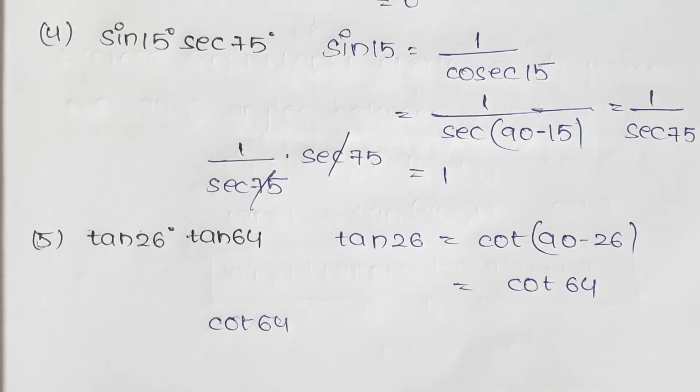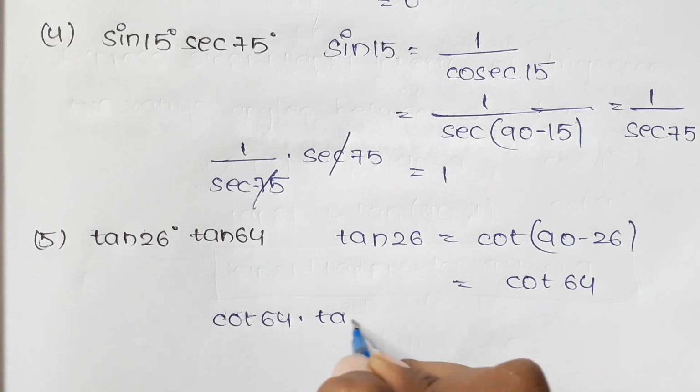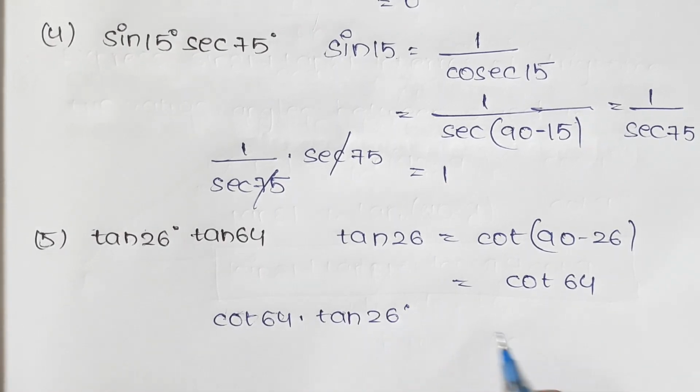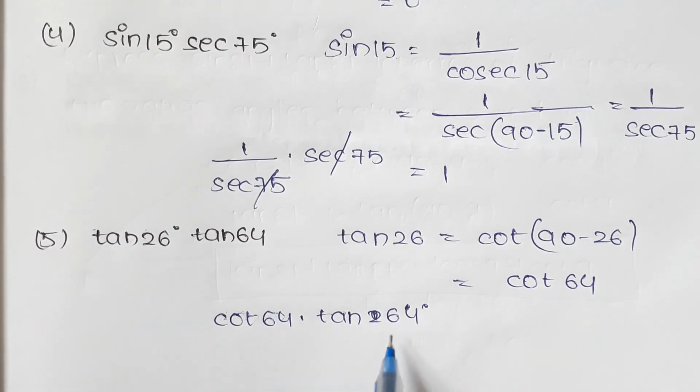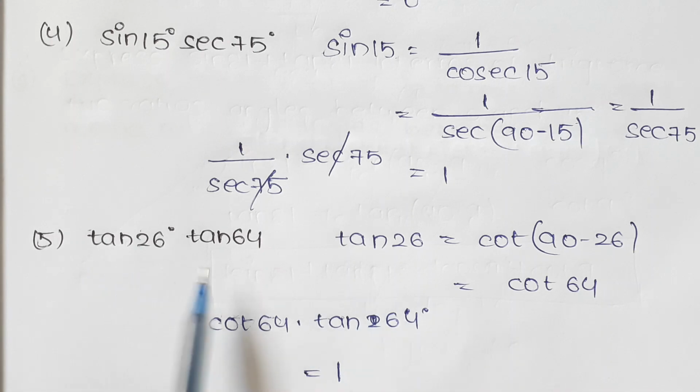That is cot 64 into tan 64. Cot 64 into tan 64 is nothing but 1, because cot is the multiplicative inverse of tan. So cot A into tan A equals 1. So the answer for tan 26 tan 64 is 1. And this is the first question.